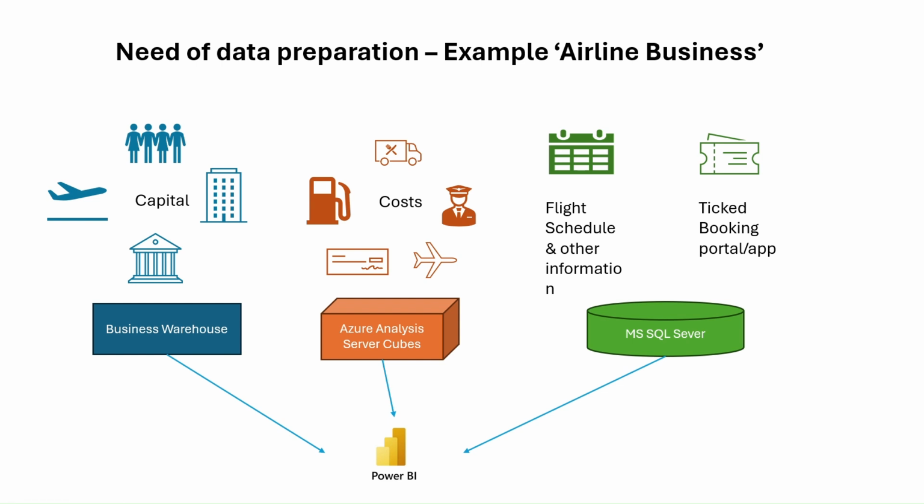The companies' or organizations' architecture might be complex as well, but the reason for preparing the data is that the data is spread throughout the organization based on the business functions and based on the softwares that are opted for a specific business function.